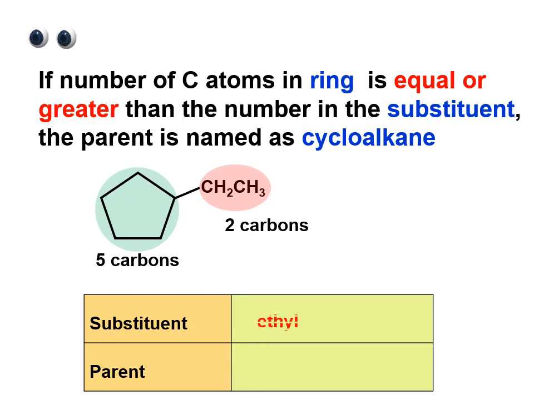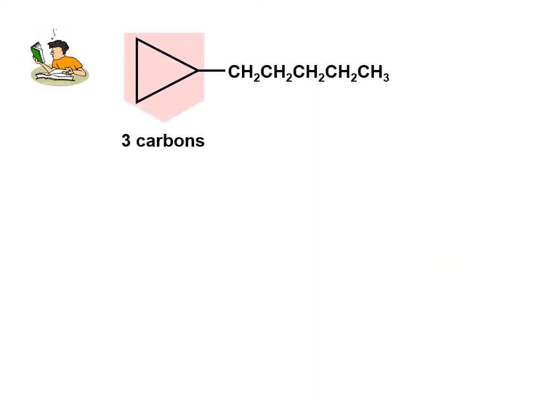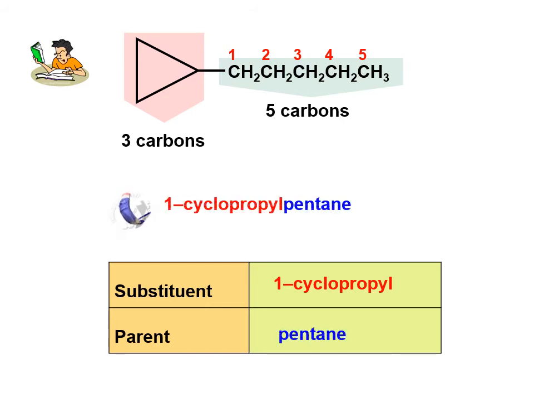The substituent is ethyl, the parent is cyclopentane, and the name of this cycloalkane is ethylcyclopentane. If the ring has 3 carbons bonded to a side chain of 5 carbons, the substituent is 1-cyclopropyl, while the parent is pentane. The compound name is 1-cyclopropylpentane.